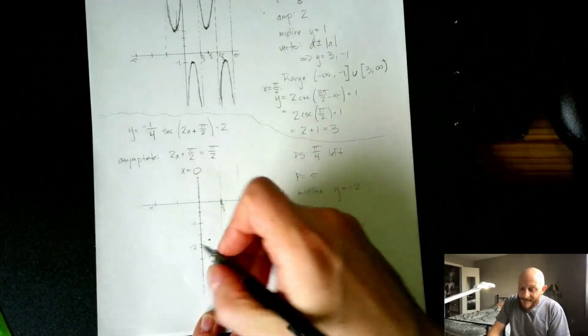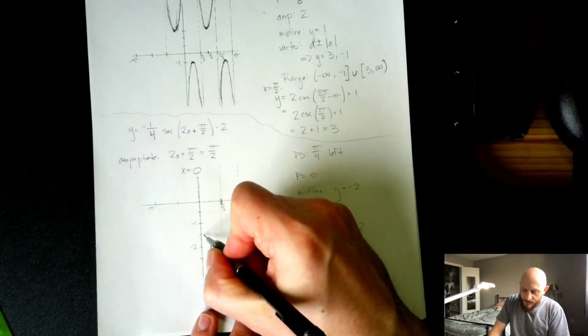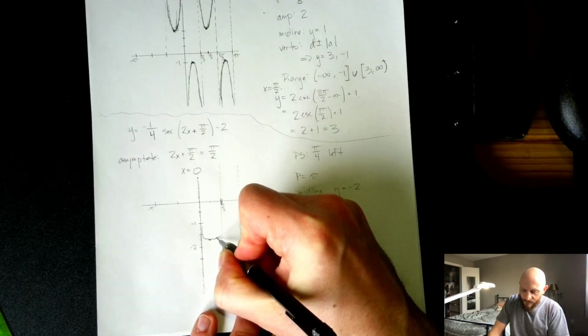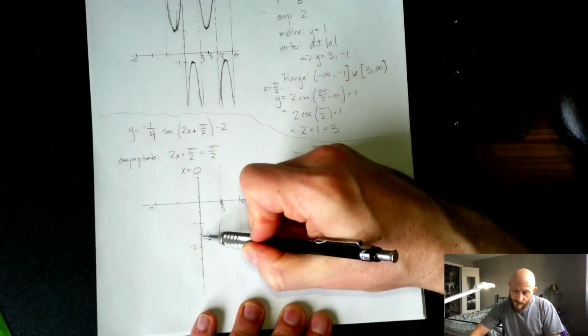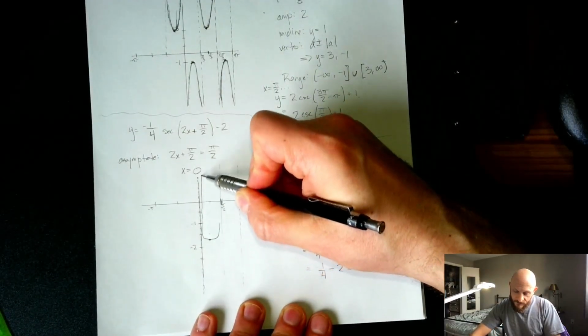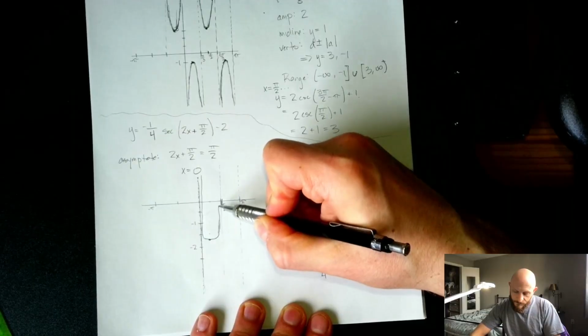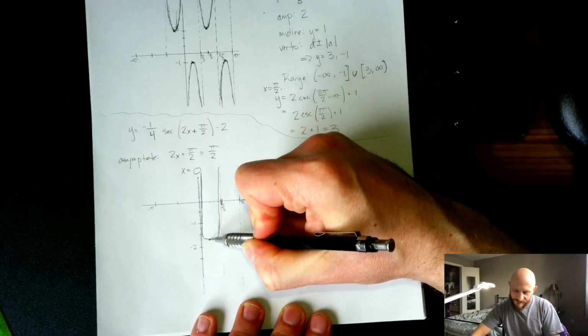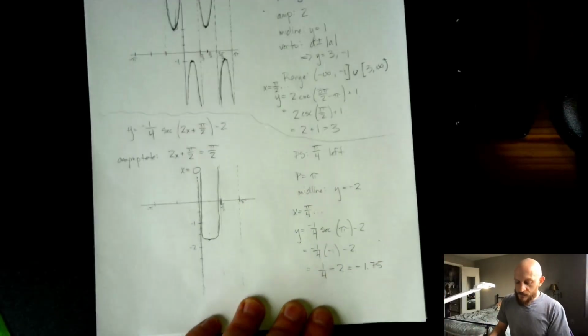We don't want a to be 0, because that ruins the whole point of it being a trig function. So as the function passes through the vertex, it flattens out like this, and then it goes off to infinity as best as possible. I'm not an artist.